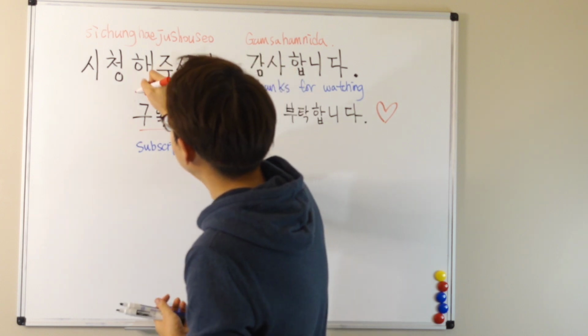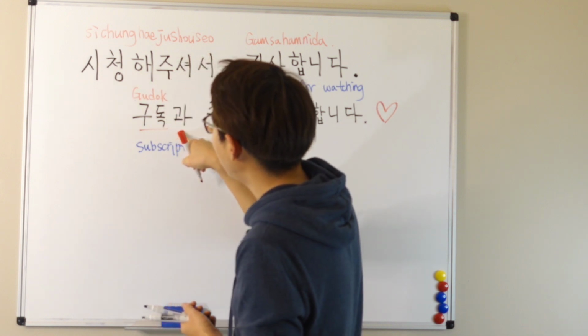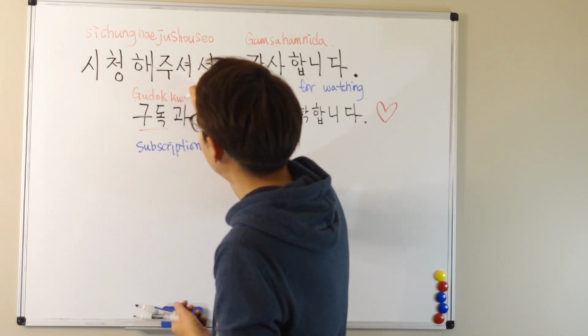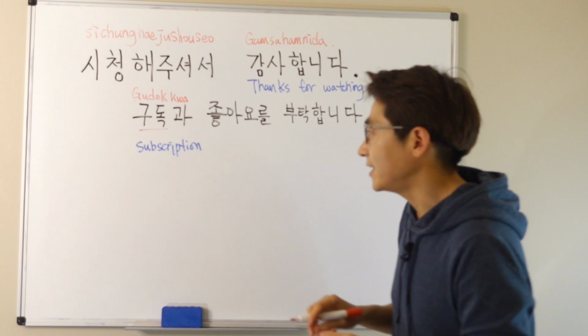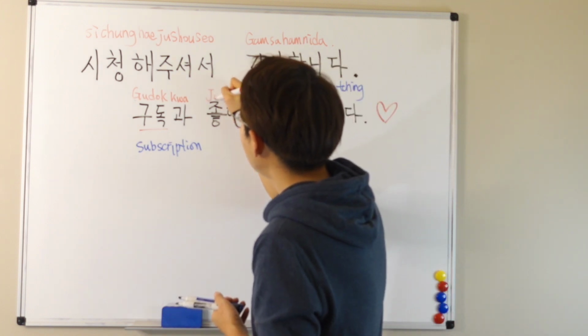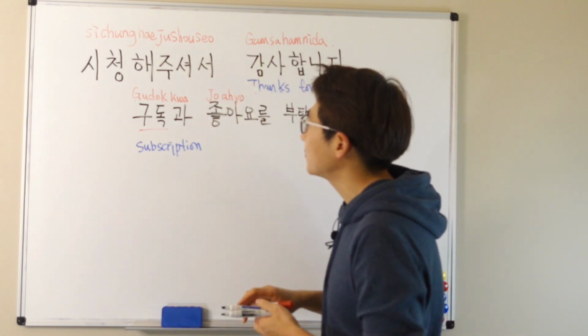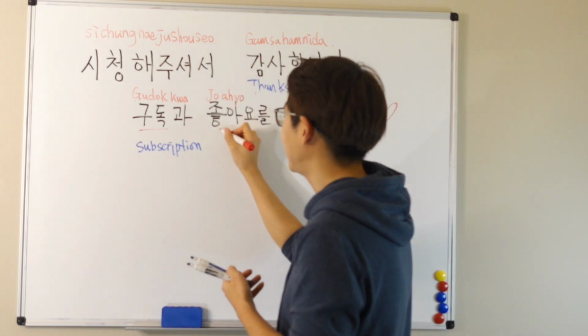So that's 구독 and 과 means and, and 좋아요 means like.